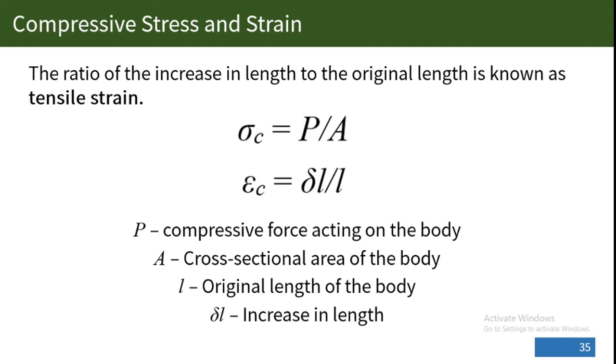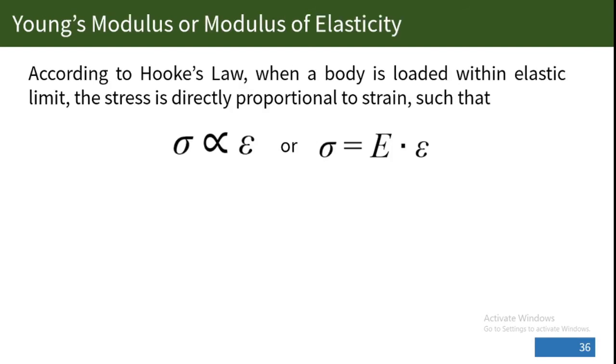A is the cross-sectional area of the body, the area of the plane normal to where the force is applied. It can be in units of meters squared. And L is the original length of the body, and delta L the change in length, which can be represented using units of length such as meter.